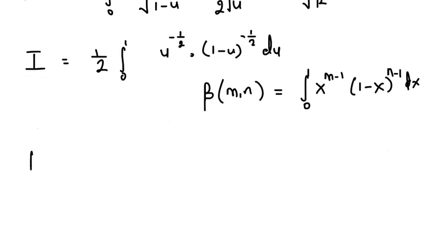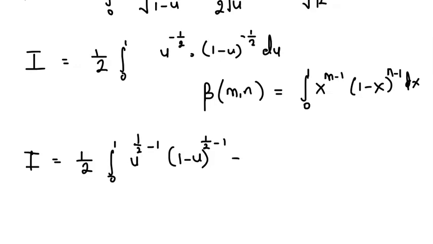So we have here I is equal to 1 over 2, the integral from 0 to 1 of u raised to the power of 1 over 2 minus 1 multiplied by 1 minus u to the power of 1 over 2 minus 1, then du. And making use of the beta function, we get 1/2 times the beta of 1/2 comma 1/2.